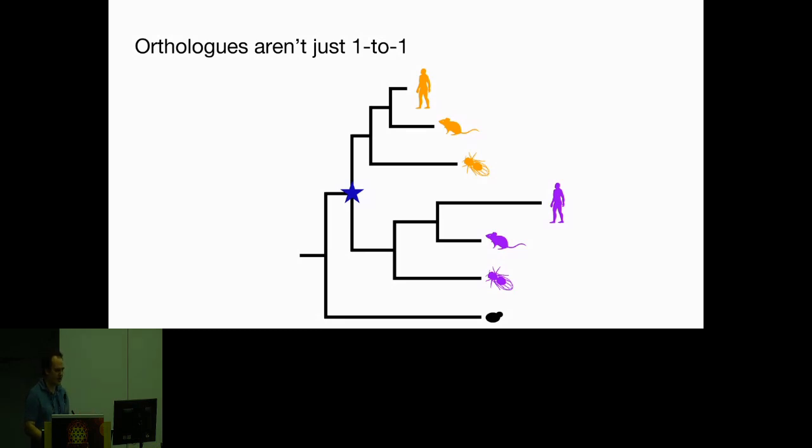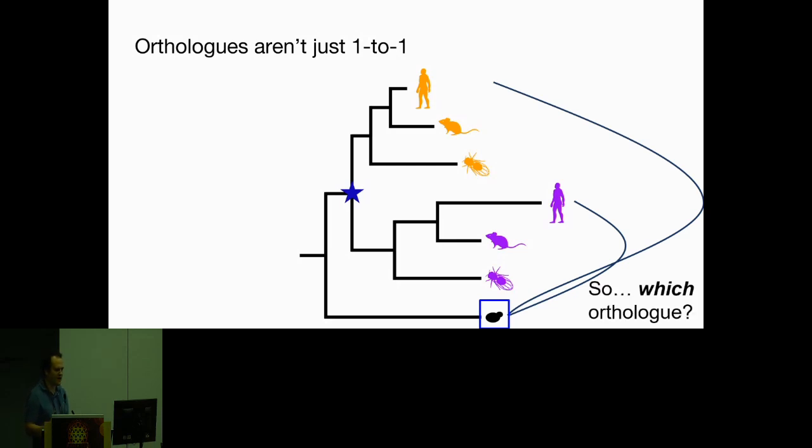So this yeast gene doesn't just have one ortholog, it's 1 to 2 in this case with human, or 1 to 2 with mouse, etc. And when we're attempting to propagate function knowledge that we know, we want to know which one of these human genes we should go to.